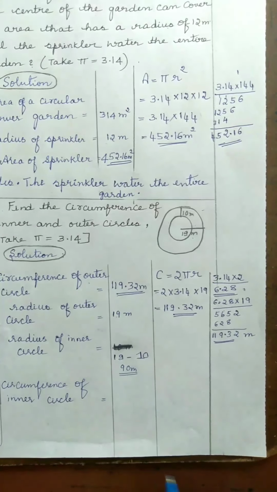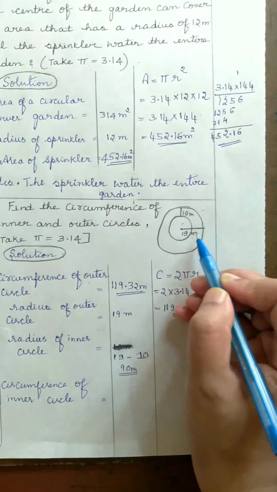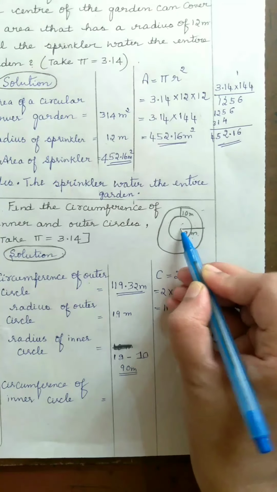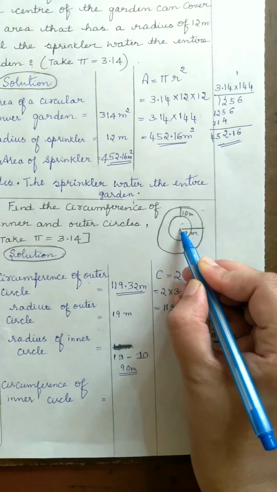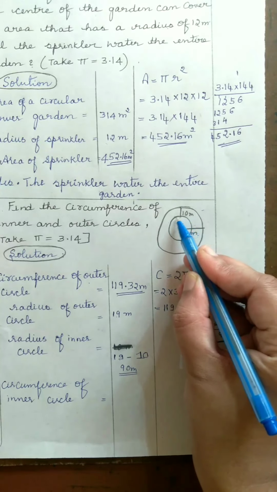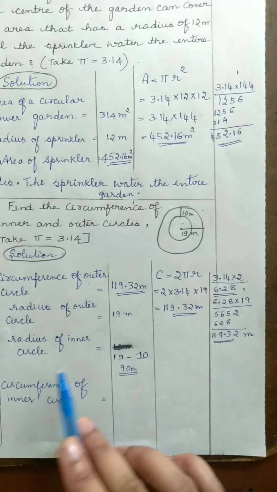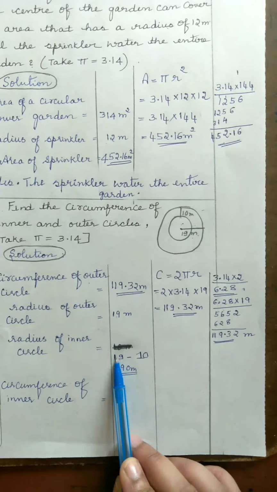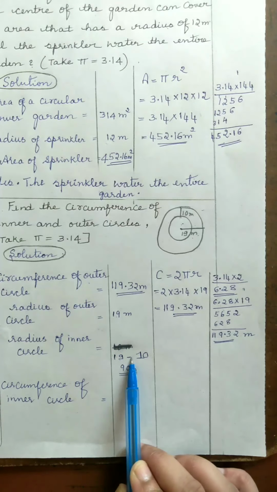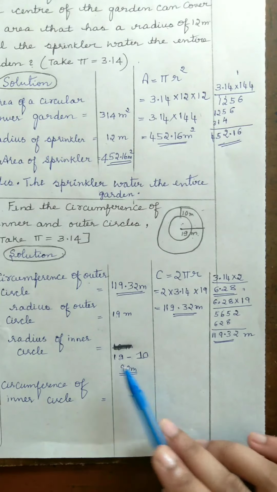Just we need the value of the radius of the inner circle, only so much. From the center to here, the outer circle is 19 meter. And from here to here it is 10 meter. But just we need from the center to the boundary, to any point on the inner circle. That gives the radius of the inner circle. Therefore, to calculate the radius of the inner circle, we have subtracted 19, that is radius of the outer circle, minus 10 centimeter, which will be equal to 9 centimeter, which is the radius of the inner circle.